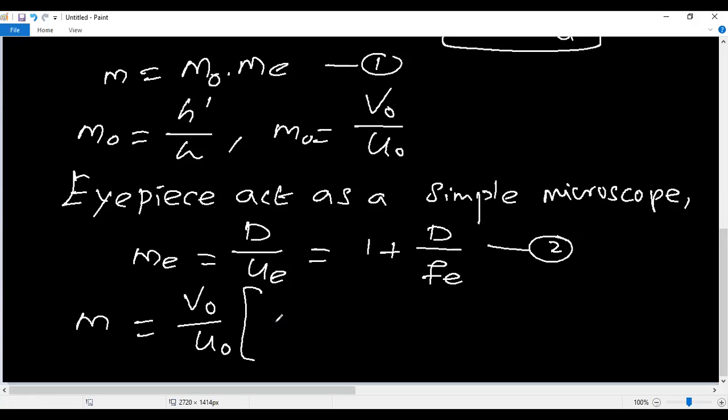ME formula is 1 plus D divided by FE. This is the third equation. Using this formula, we can find the magnifying power of the compound microscope. Okay, up to that, take notes.